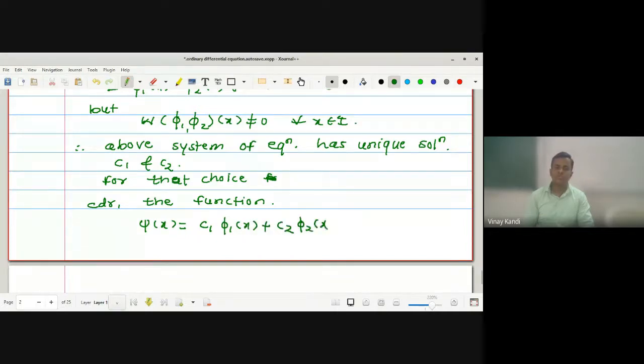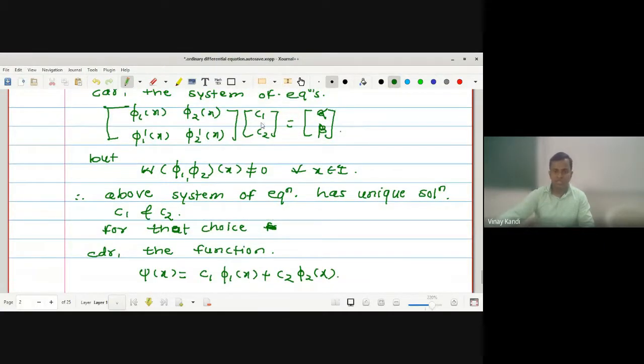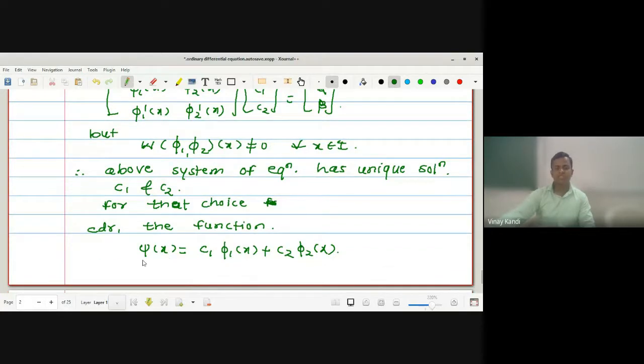C1 C2 काय ना जे तुमचे ते युनिक सोल्युशन येतील ह्या C1 आणि C2 त्या चॉईस साठी आपण काय फंक्शन कन्सिडर केलं psi of x. Then psi of x is equal to c1 phi1 plus c2 phi2 of x.